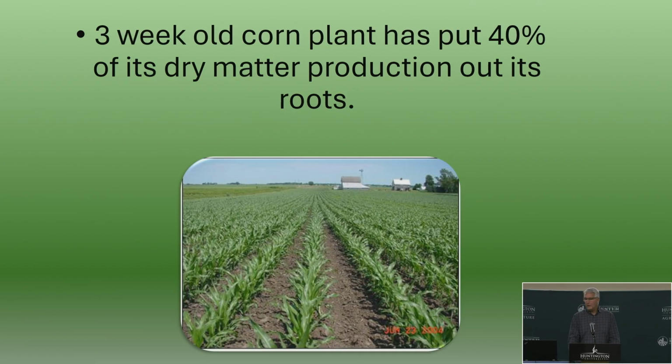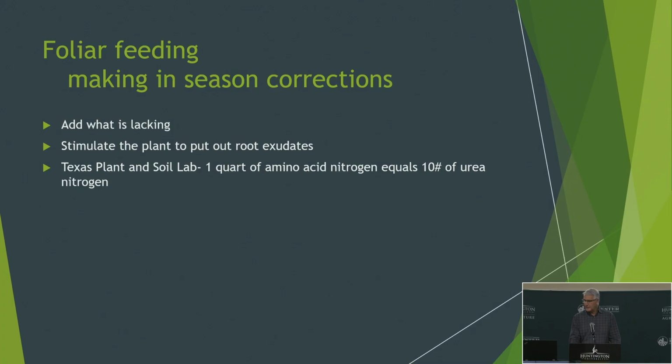A 3-week-old corn plant has put 40% of its dry matter production out its roots. Think about that. How much dry matter is out there, and if we think adding 10 pounds of sugar is significant, it pales in comparison to what the roots are putting out of a healthy corn plant.